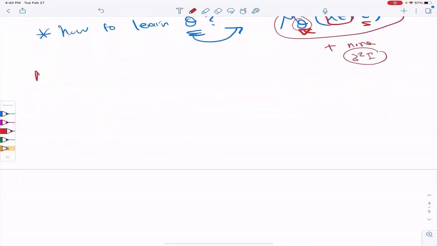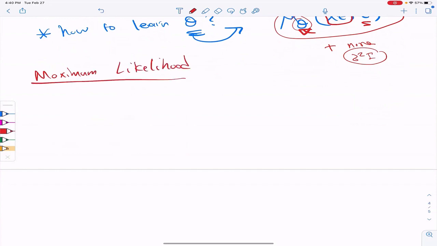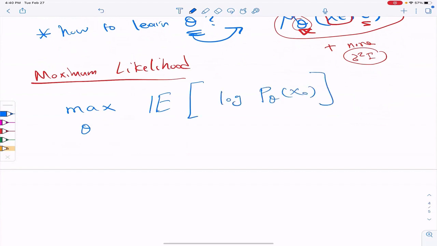What is maximum likelihood? Let's just write it down. I want to maximize the likelihood, log of p theta of x0, given x0 comes from my real distribution, right? Q0 or Qx0. That's the notation we are using. It's a real data.